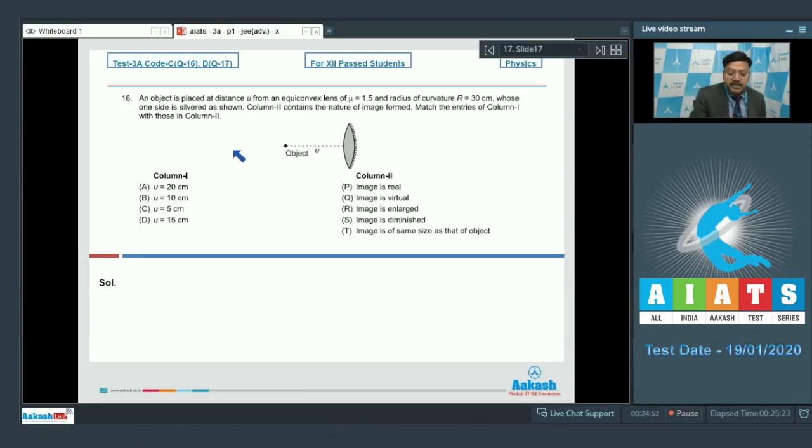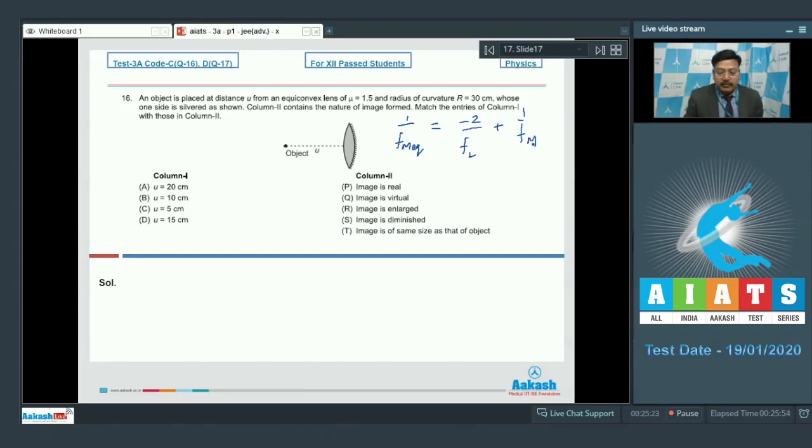Now the expression for the focal length of the equivalent spherical mirror is given as 1 by fm equivalent is equal to minus 2 by fl plus 1 by fm. This is the expression for focal length of the equivalent spherical mirror.